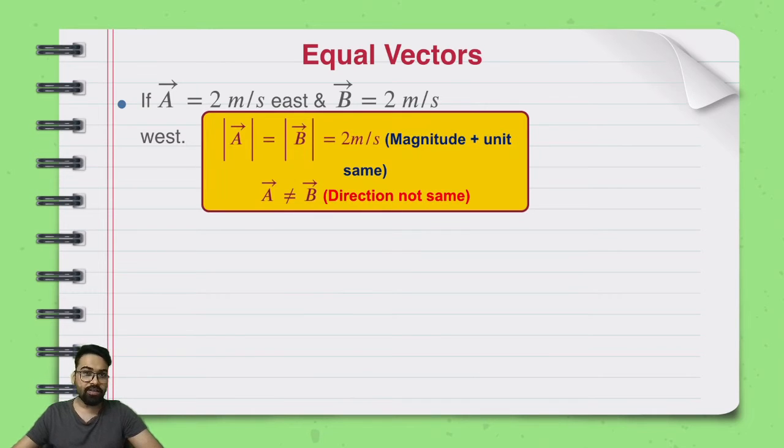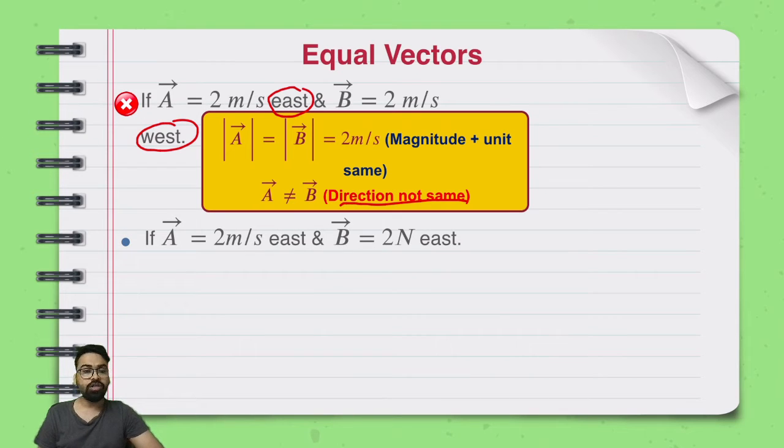The magnitude is same, both have 2 meter per second. That means both have the same magnitude and the same unit. But if I talk about the direction, one is towards east, one is towards west, and this comes as a point of difference. Since the direction is not same, I will say these are not equal vectors.